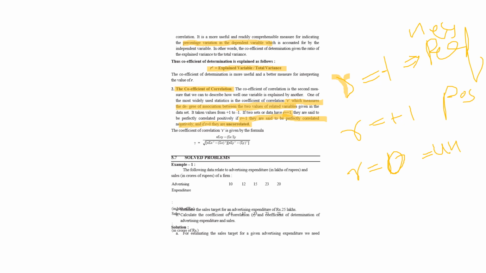If R is equal to plus 1, they are perfectly positively correlated. If R is equal to minus 1, perfectly correlated negatively. So R can be minus 1, plus 1, or 0, which is uncorrelated.